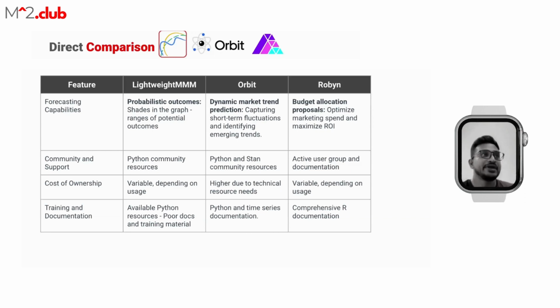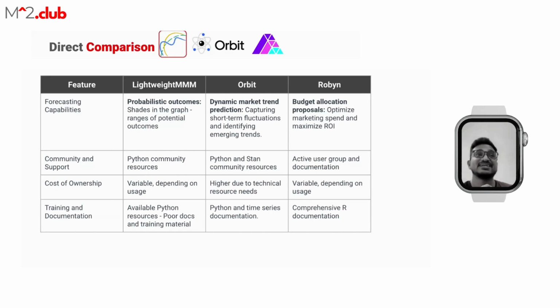And community support, cost of ownership, training, and documentation. I would say Robyn performs very well here. We have an active community and it is well documented in Robyn. And cost of ownership, I would say it's variable depending on usage for both Lightweight and Robyn.